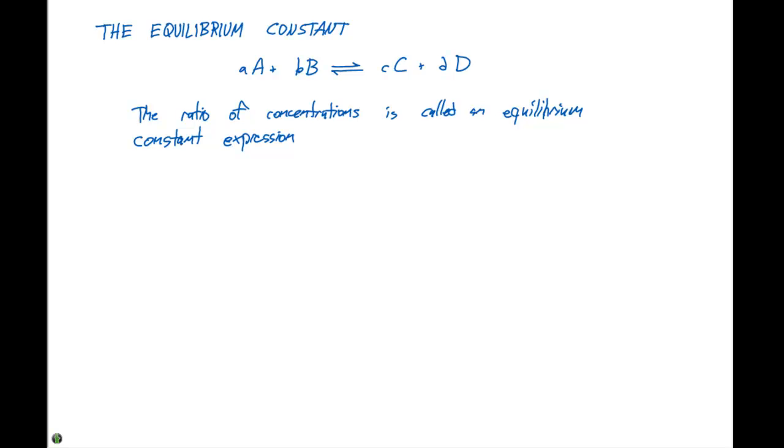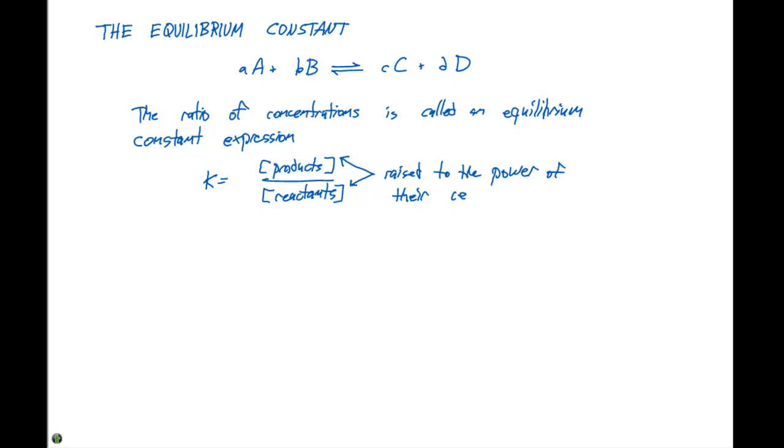And we're going to look at the ratio of the products, or the concentration of the products, divided by the concentration of the reactants. I also want to point out that we need to raise these, or we should say raised to the power of their coefficients.